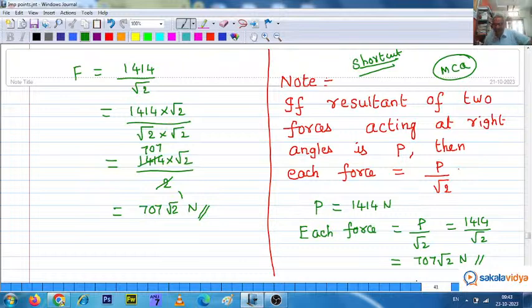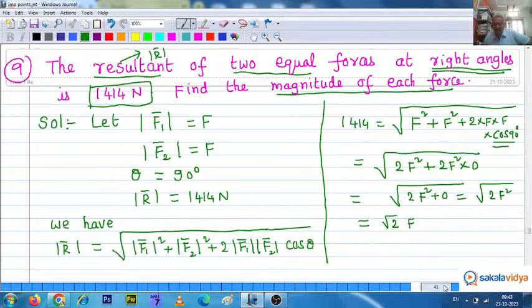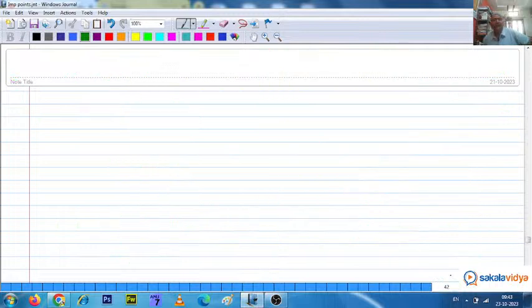Let us move to yet another problem now. Now 10th question. Let us solve 10th question.